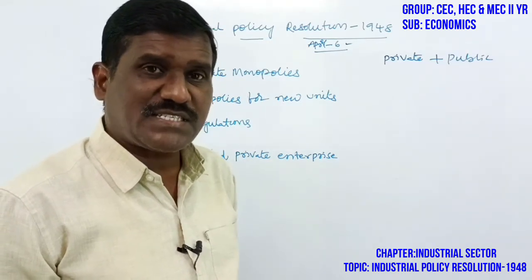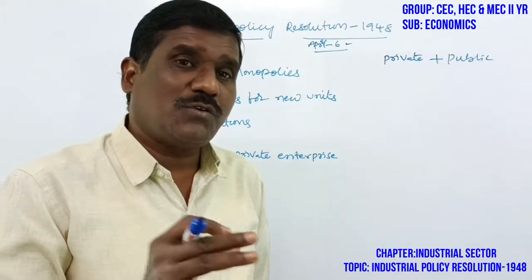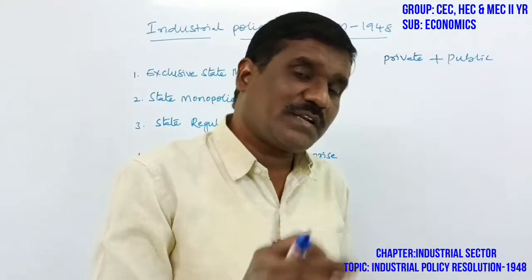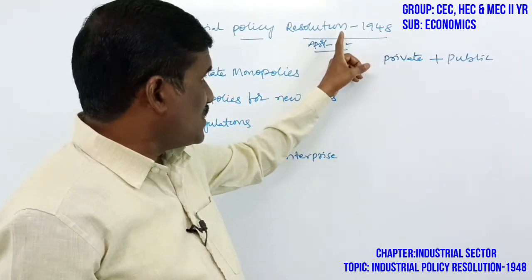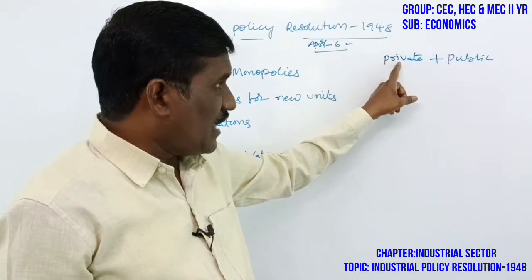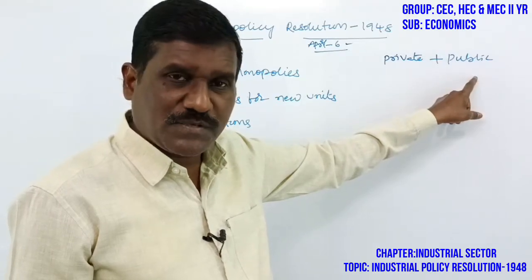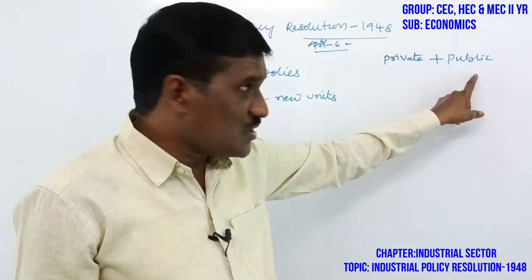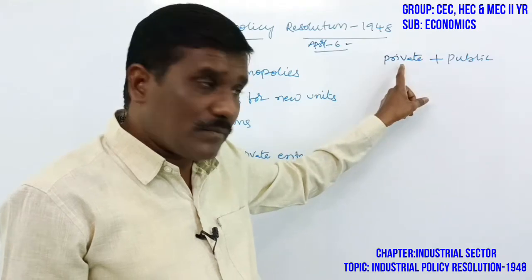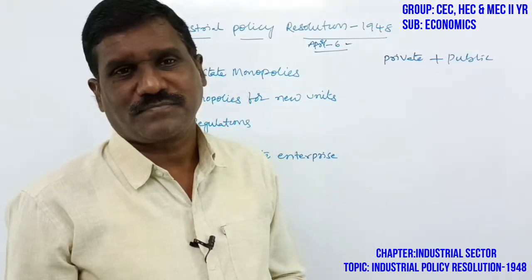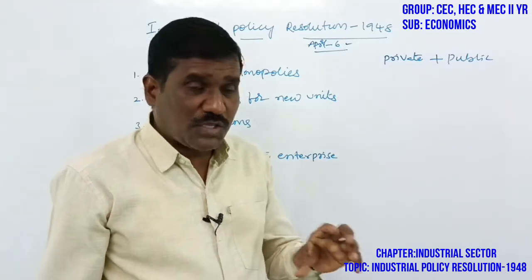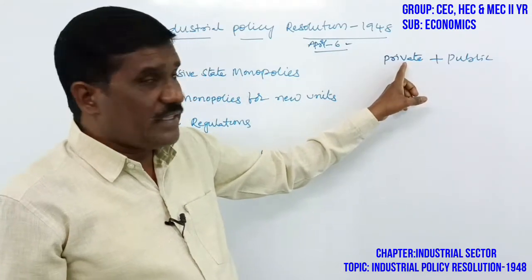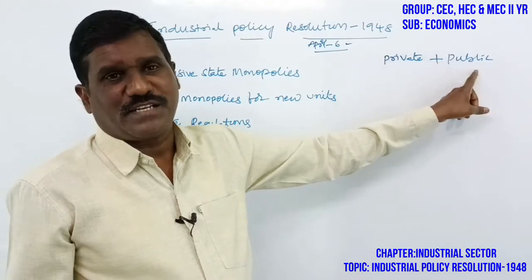So we are in a mixed sector, and which sector should we give more priority to in establishing industries in India? This is the question. To start an industry, should it be given to private parties or to the government? Should industry develop through the government, or should it start through the public or private sector? So which do we want to give more priority, the private sector or the government sector?